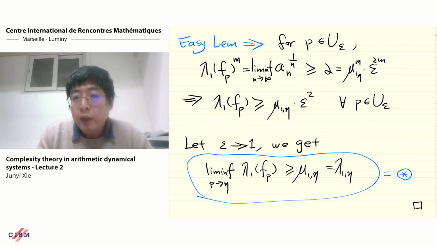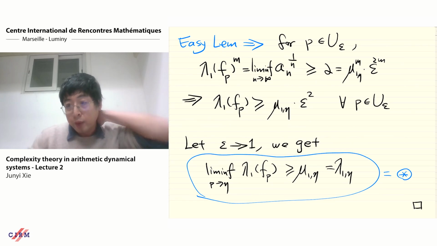And we take the m-th root, we get lambda 1 of F_p larger than or equal to mu1 eta epsilon^2 for every p in U_epsilon. Now we take epsilon tends to 1. We get the inequality we need: the limit inf of lambda 1 of F_p, as p tends to eta, is larger than or equal to mu1 eta, which equals lambda 1 eta. And this is what we need.